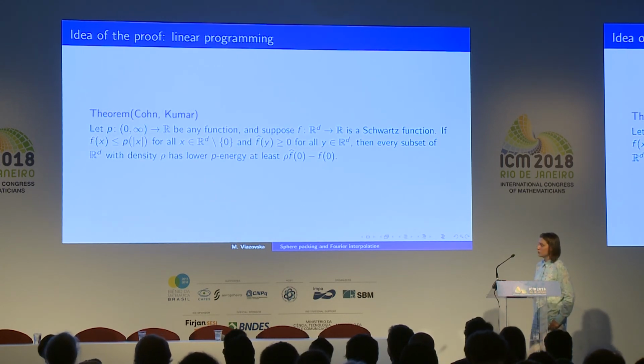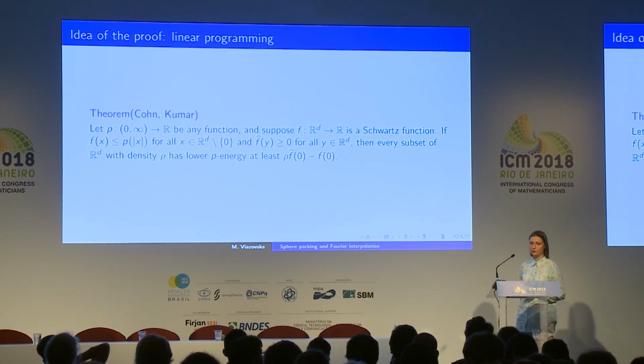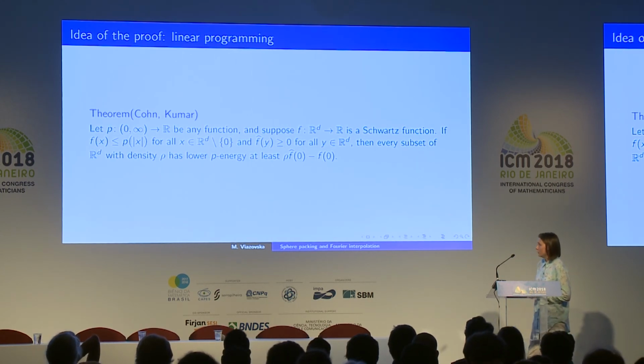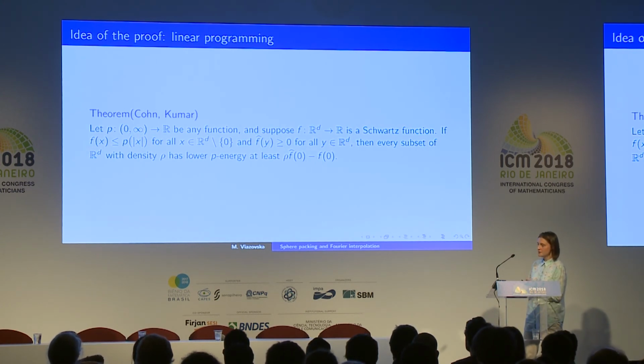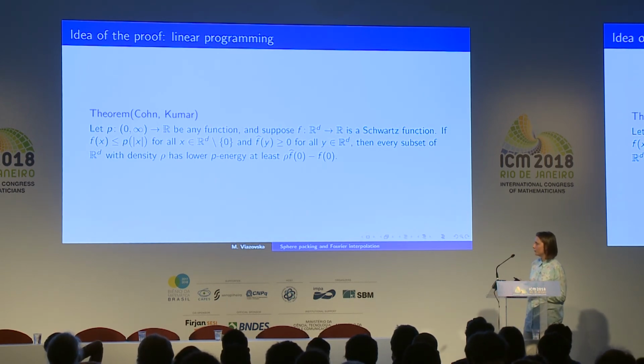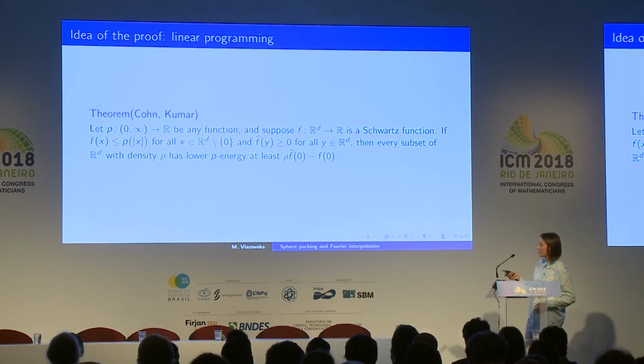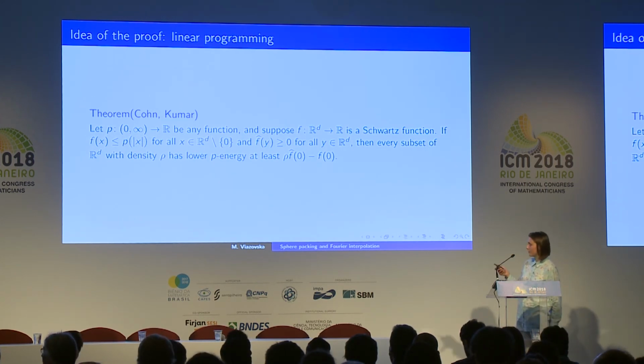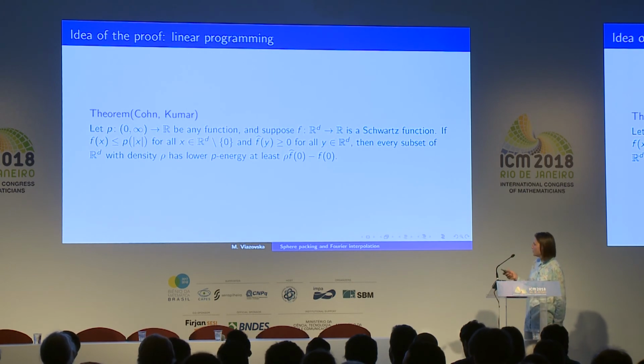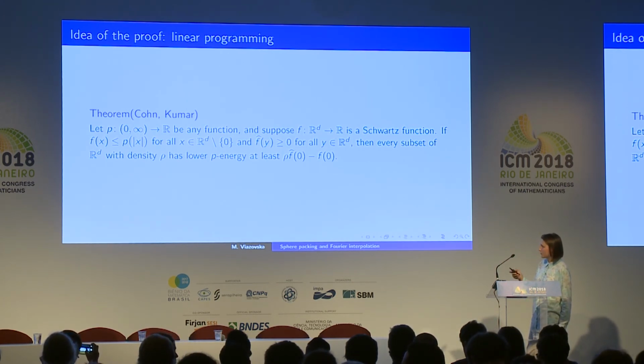So now let me tell you, in the remaining 5 minutes, about the idea of the proof. Here again we use the linear programming method, similar to the one we used for the packing problem. Here again our proof relies on a construction of a special function. In this case we fix a potential P, and we would like to construct a Schwartz function f which satisfies these properties.